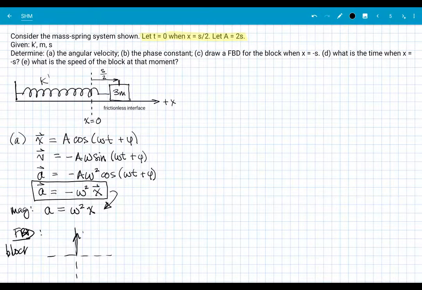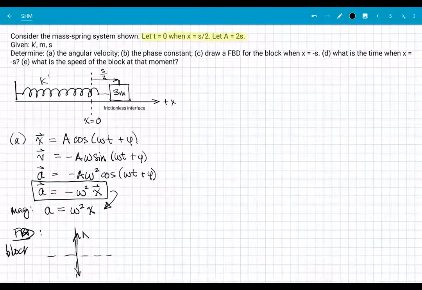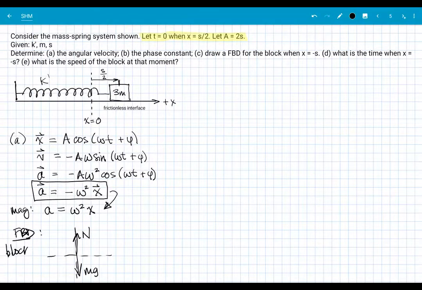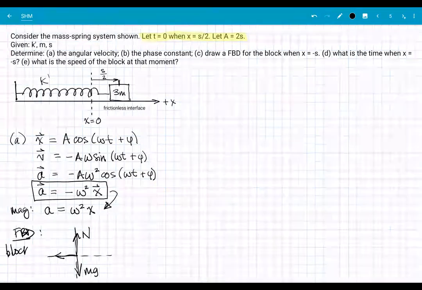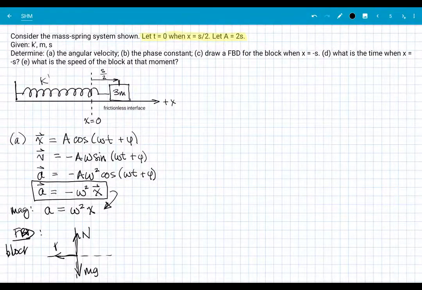There's a normal force. The block has weight. And then there's a spring force that's pulling the block to the left, right? If I displace the block to the right, the spring force wants to restore. That's a restoring force, so that force is going to be directed to the left. What is the magnitude of that force? K prime x.